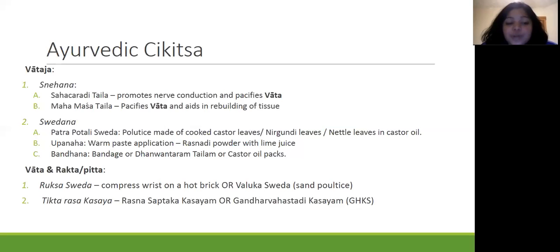So in that you would opt for, again, the tikta rasa kashaya, a tikta rasa predominant decoction or a bitter decoction. An example of that again is Rasna Saptaka, which we had talked about, or Gandharva Hastadi.